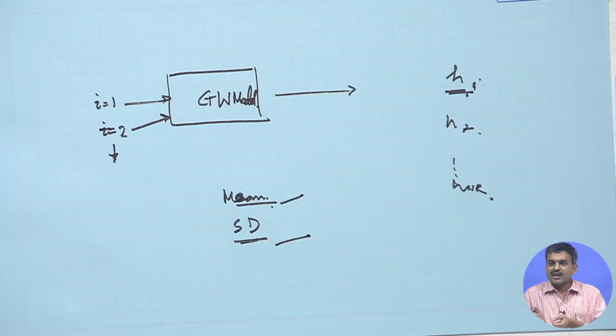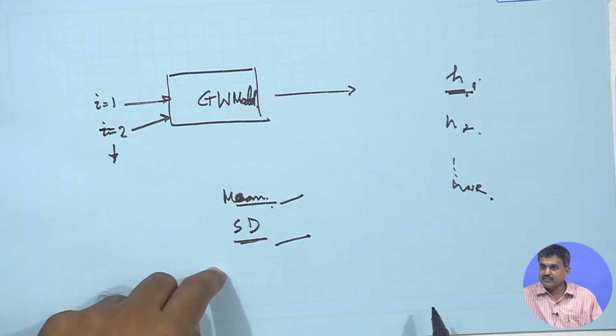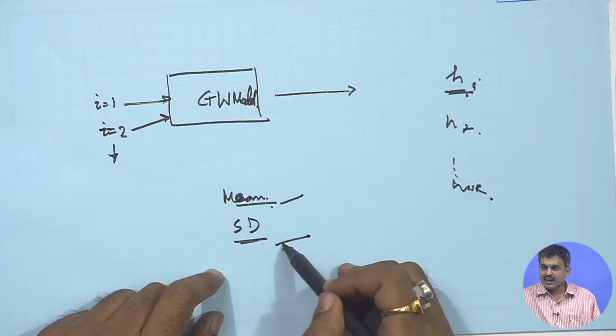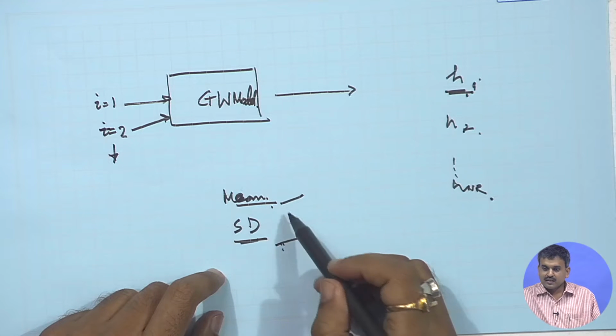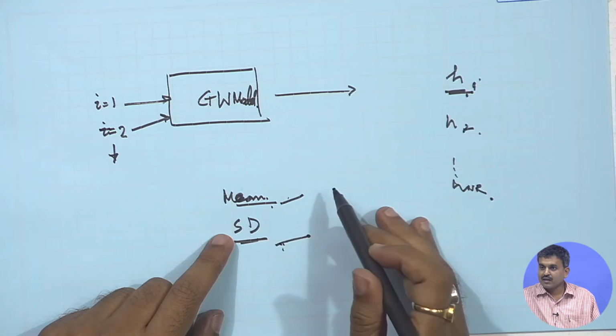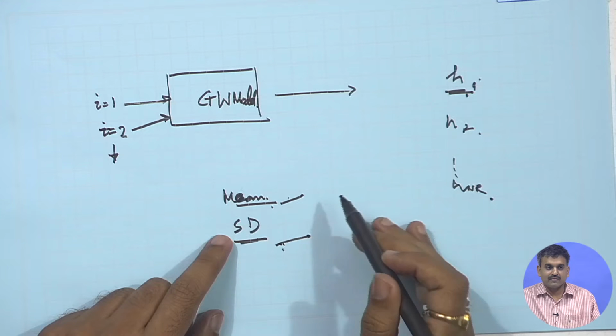Let us say that initially you have utilized 100 random fields to get the mean and standard deviation value. Then we can say that this is the mean and standard deviation value for 100 random fields.